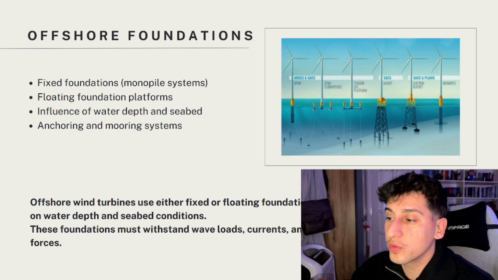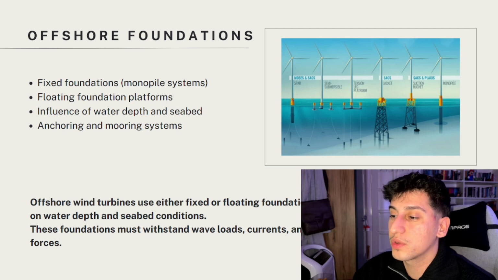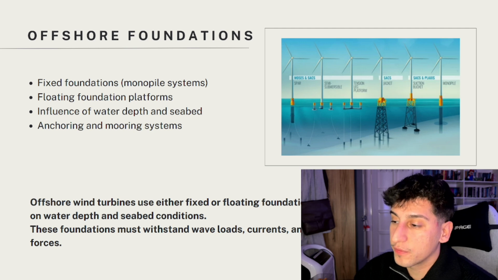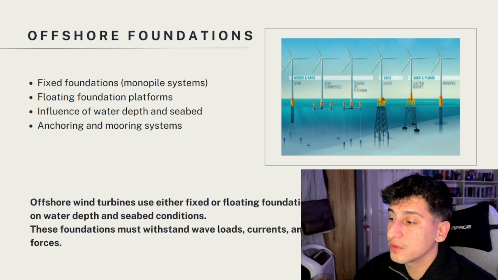When we look at offshore wind turbines, they are constructed using either floating or fixed foundation systems. Floating turbines are mounted on platforms, and these platforms are anchored to the seabed with strong cables. These systems are particularly suitable for deep water locations. There are also fixed offshore turbines, and they commonly use monopiles, as you can see on the right of the image.